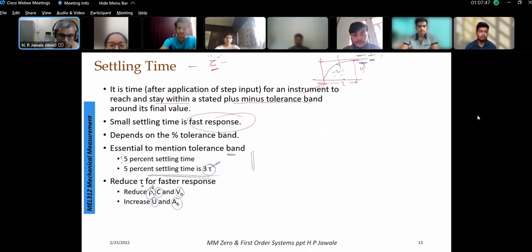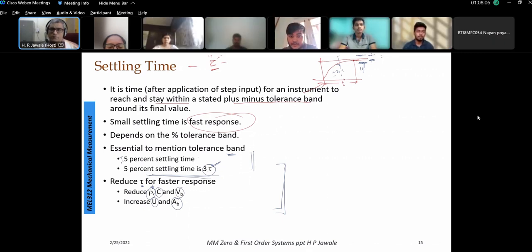So we will come again to these points in the next class. The next class will be on Monday, and I will ask you to go to the textbooks. All kinds of response of the first order instrument, including step response, will be asked in your sessional examination.